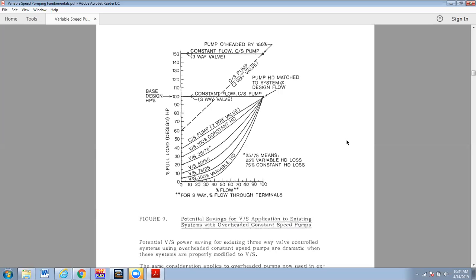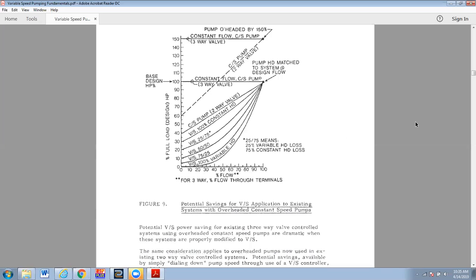The problem is, though, that if you turn a system on in the field and it can't get enough flow, somebody's got to buck up to increase the size of the pump. And nobody wants to do that. So that's kind of the conundrum that design engineers have to live with.